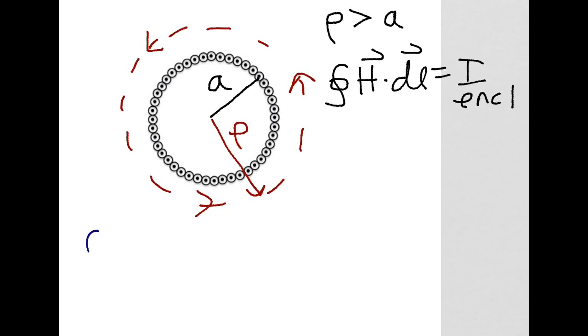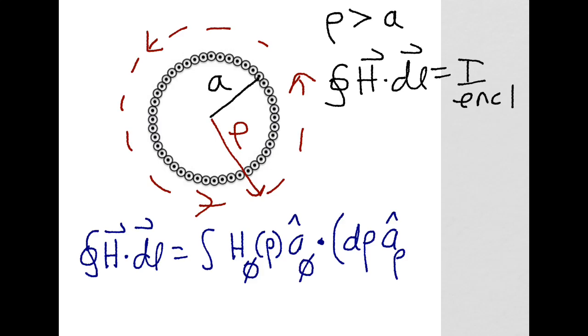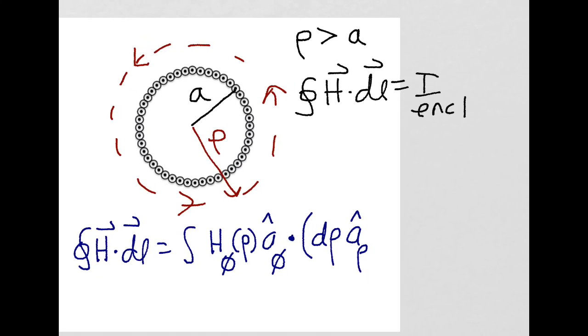Okay, so the integral of H dot dl is equal to the integral of the form of our magnetic field intensity. It only has a component in the phi direction, and it will only depend on rho, and we dot it with dl. In cylindrical coordinates, dl will be the following. If you change rho by an amount d rho, you move a distance d rho in the a sub rho direction.